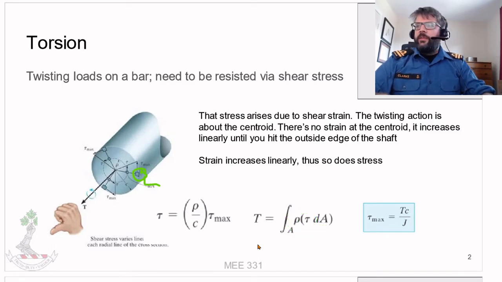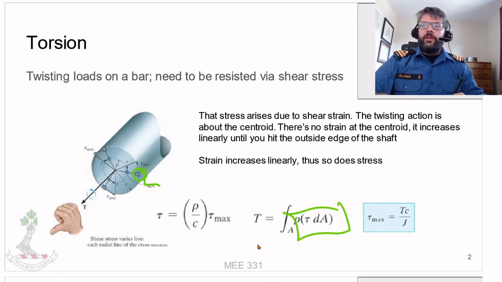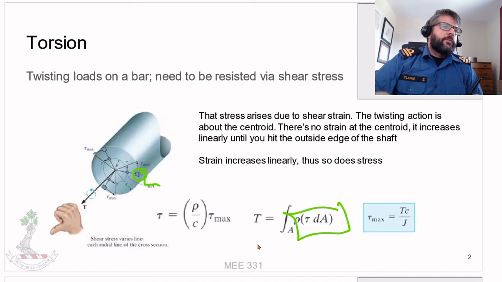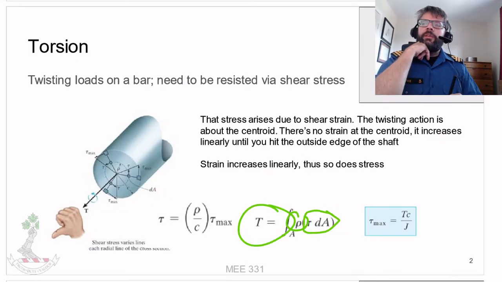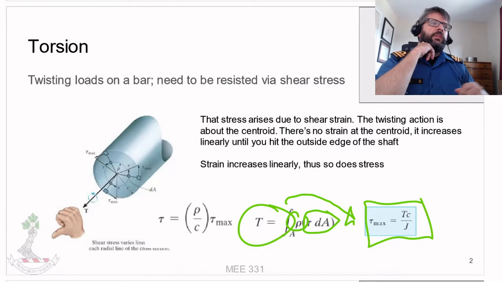So we get the torque for each little bit, and then obviously we would just integrate to get our torque. Integrating that and solving for our stress gives us this.